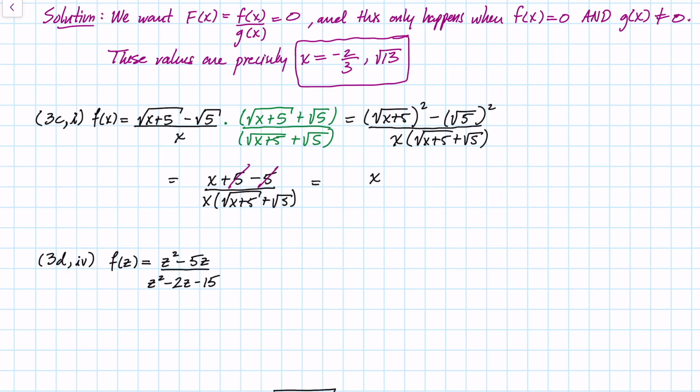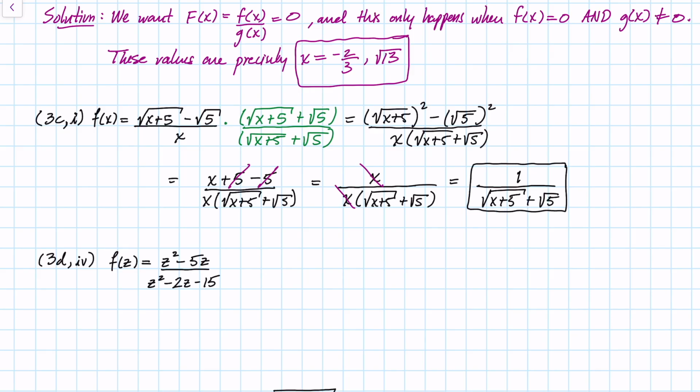This becomes x divided by x times square root of x plus 5 plus square root of 5. And then I can cancel this x with this x. And this becomes 1 divided by square root of x plus 5 plus square root of 5. Okay, and this is my solution.